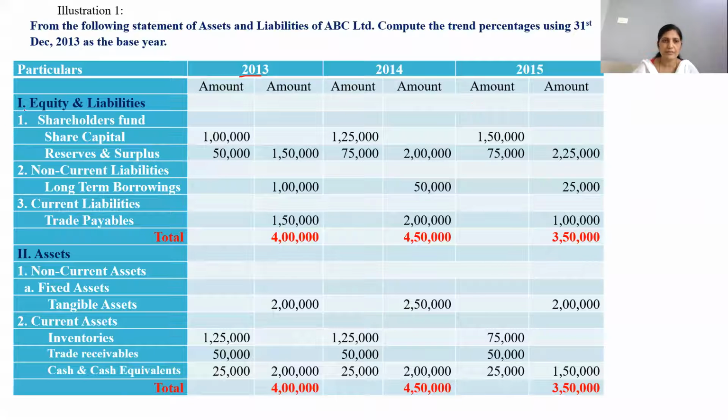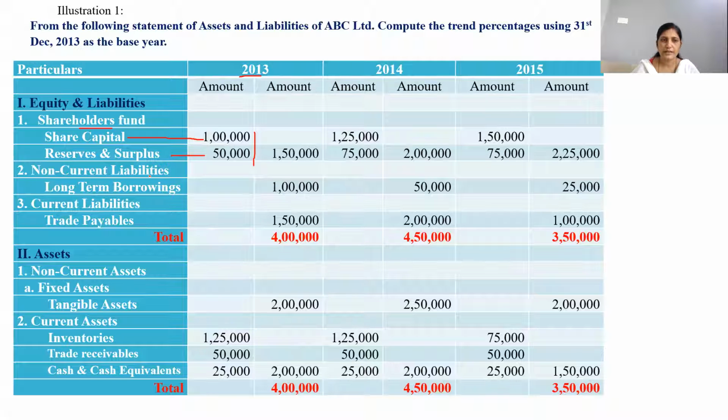Shareholders' funds: first you have share capital 1 lakh, 1,25,000 and 1,50,000. Reserves and surplus 50,000, 75,000 and 75,000. Add these two and the shareholders' funds are 1,50,000, 2 lakhs and 2,25,000.